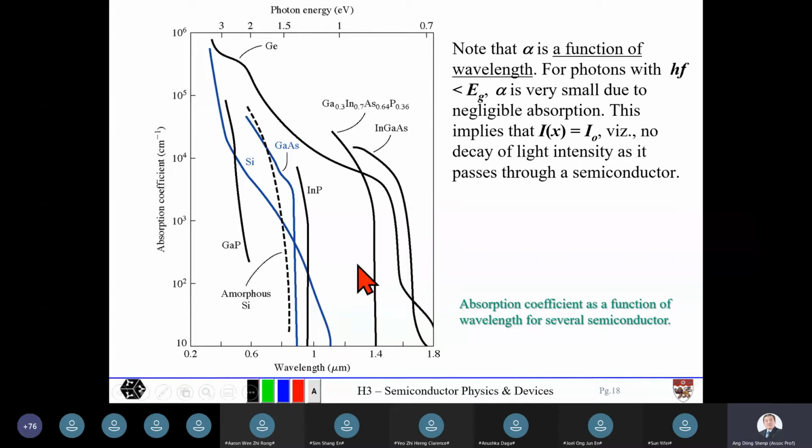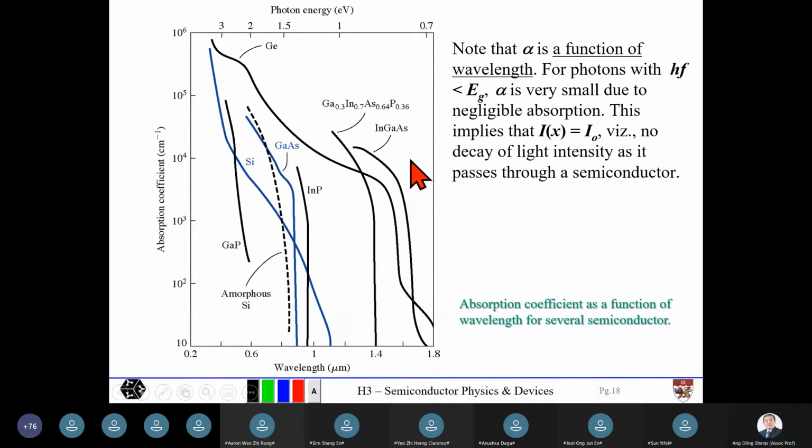Basically, what this picture is trying to tell us is that alpha is a function of wavelength. There's a cutoff wavelength above which no absorption happens. Below the cutoff wavelength, absorption can happen. Not only can absorption happen, but alpha continuously increases with the decrease in the wavelength. And this behavior is seen in other semiconductors as well.